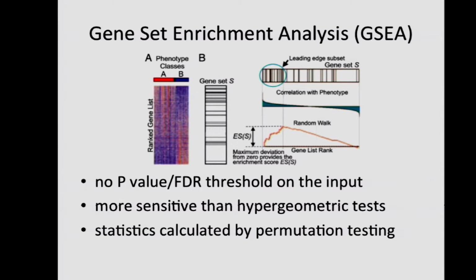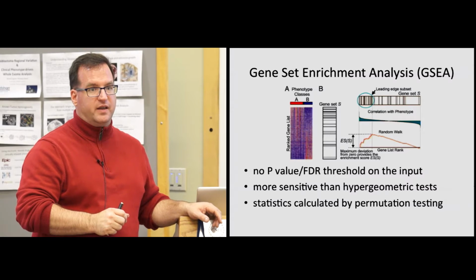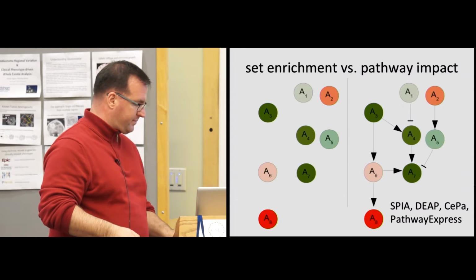They're all upregulated, they're all downregulated, or they're both, where you have a mixture of both upregulated and downregulated. And GSEA will detect all three of those cases.